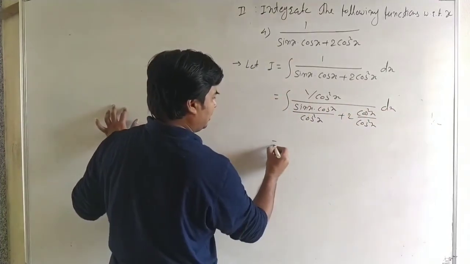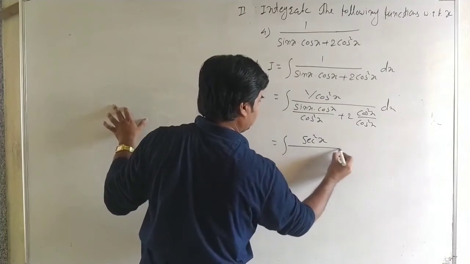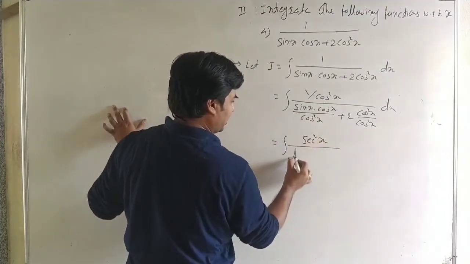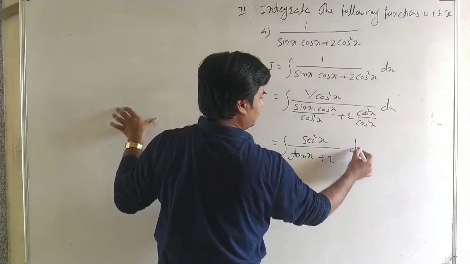Divide numerator and denominator by cos square x. Therefore we get sec square x upon, cos x gets cancelled here, tan x plus 2 dx.